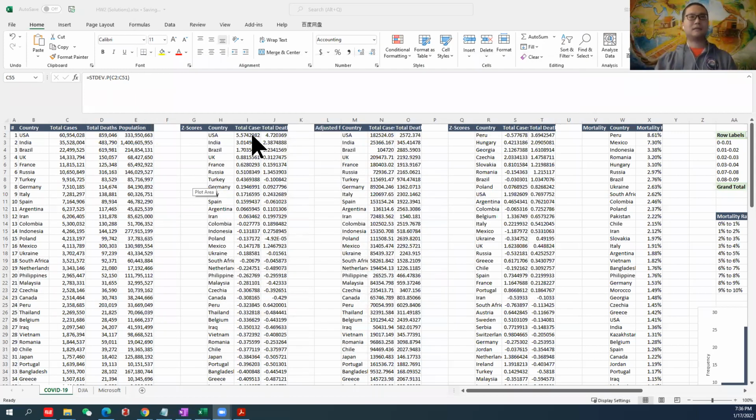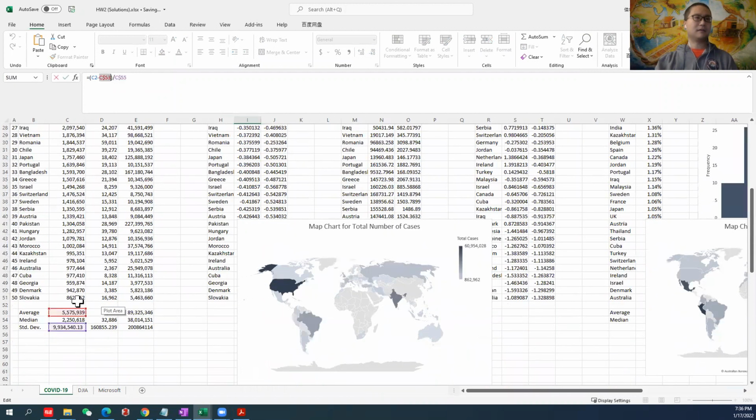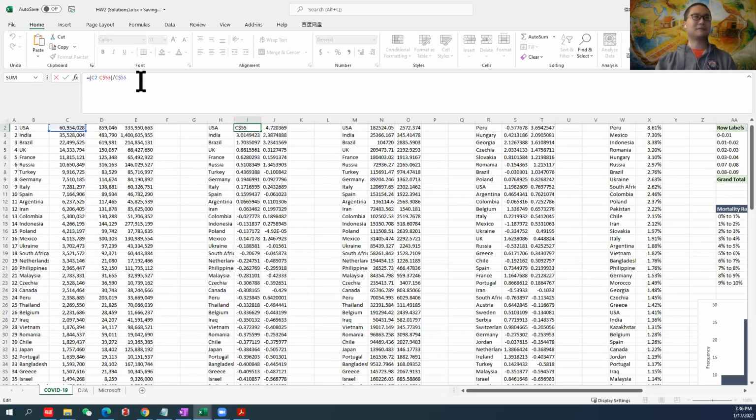As I said earlier, the simplest way for us to understand the meaning of a z-value is to go through its definition or the expression. As it shows clearly here, the z-score is simply the original value, which is C2, minus the mean value, which is C53. Sorry, I should not change this reference.